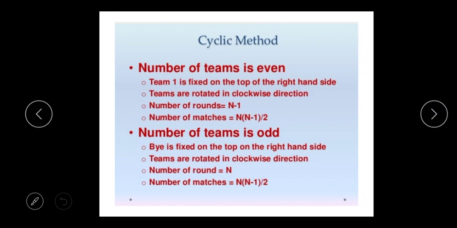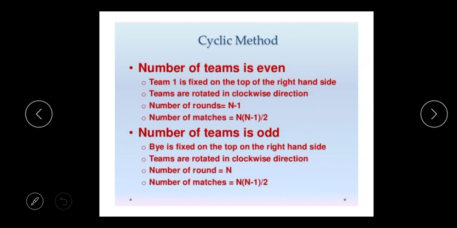Cyclic method. When we draw the league fixture using the cyclic method, the cyclic method is also divided into two parts. First is even teams, and second is odd teams.